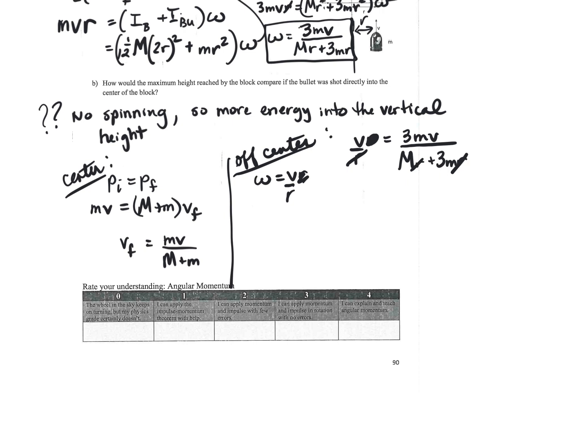So let's compare. So now we have V equals 3mv over what? Big M plus 3 little m. This would be V final. So which one's going to be bigger?